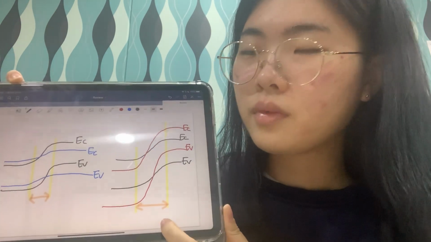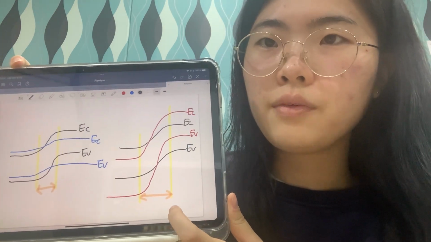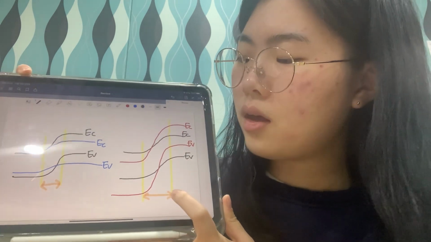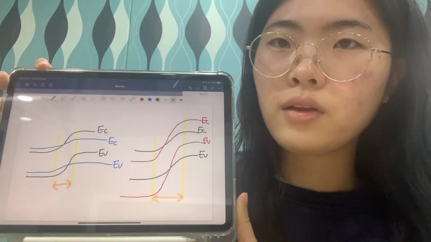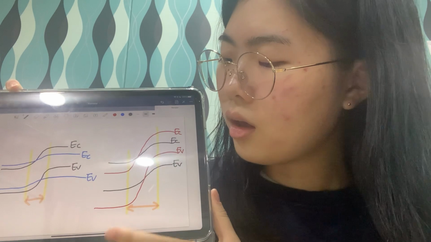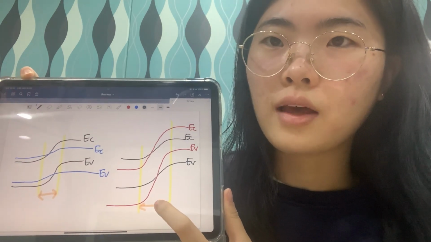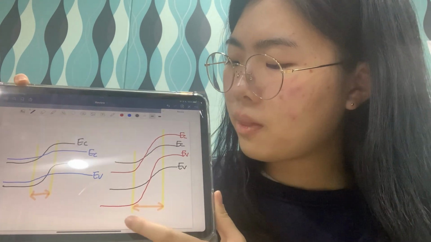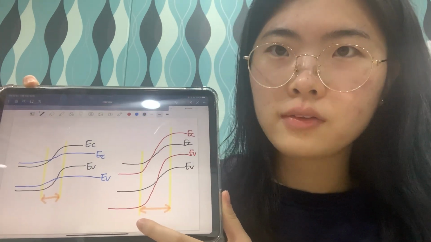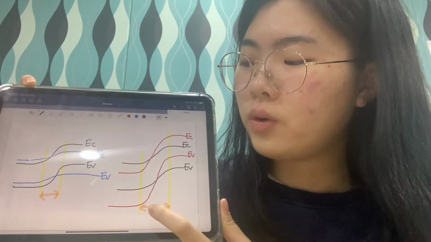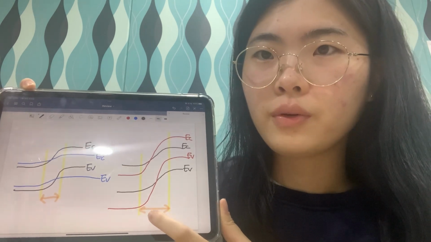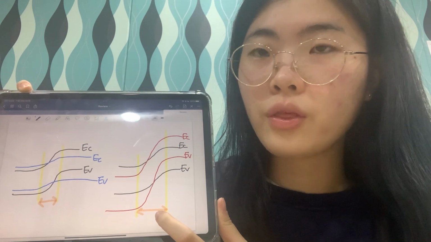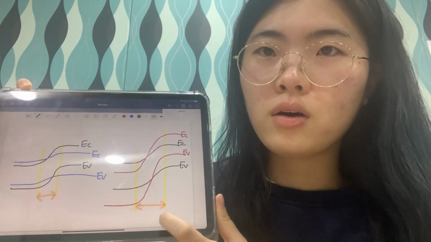And let's look at this graph. This graph shows what happens when we apply a negative voltage. This red one is the after graph. If we apply the negative voltage, this graph will change like this, and the depletion region width will be bigger.